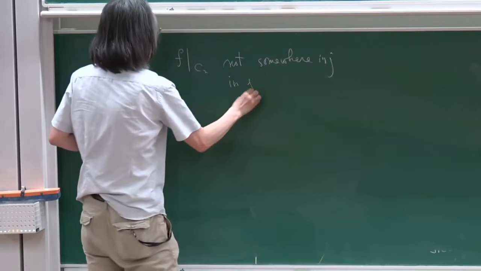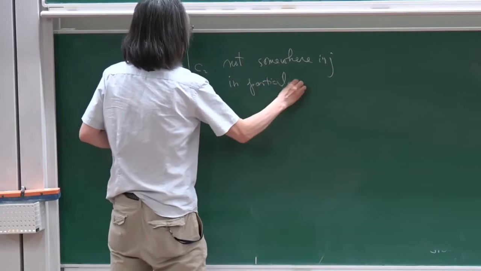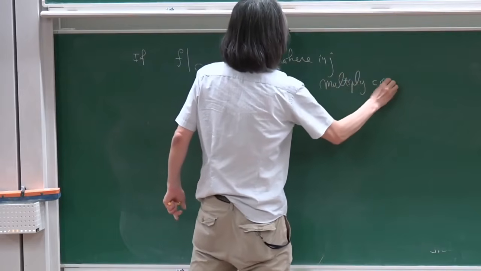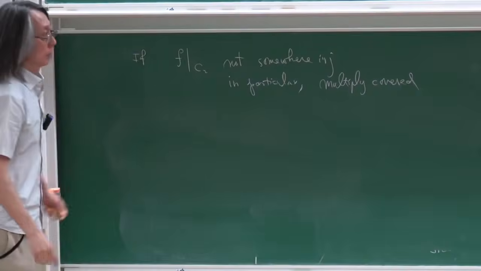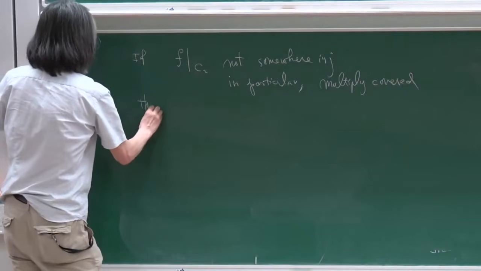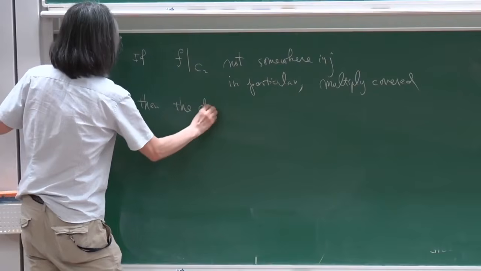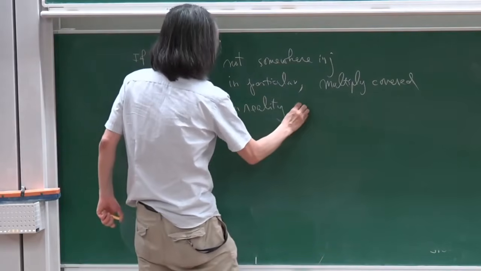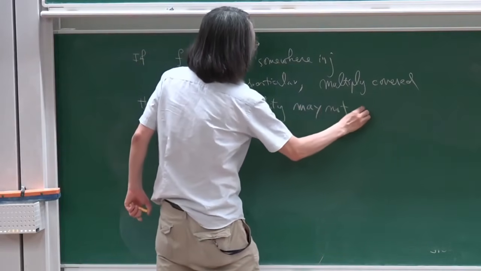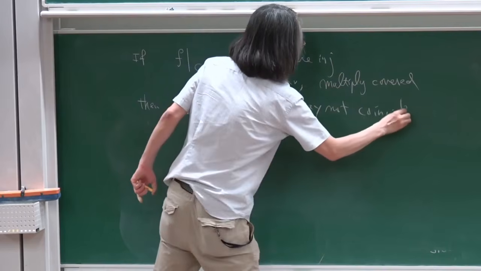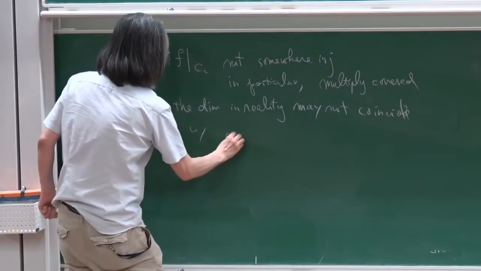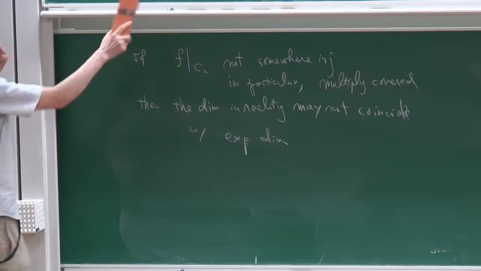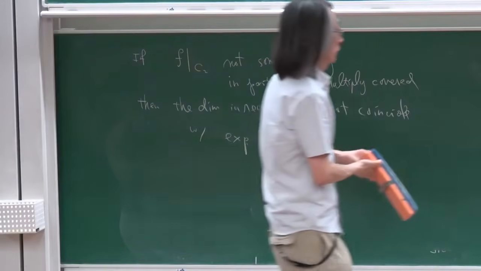In particular, it is multiply covered, and then the dimension in reality may not coincide with the expected dimension computation. If you have this, then certainly you can compute the dimension, but otherwise, in general, it is not.